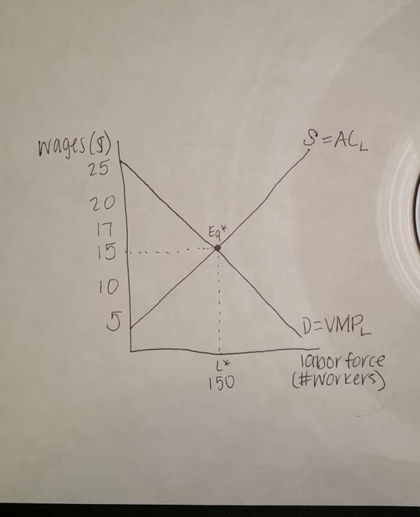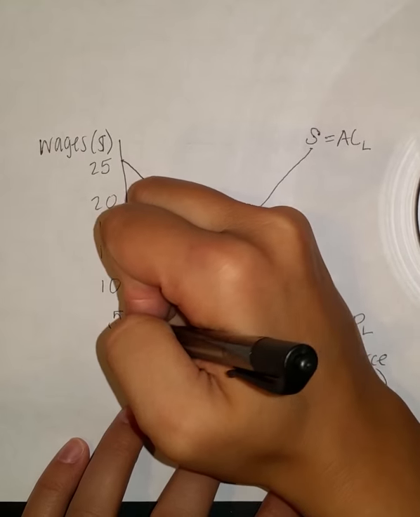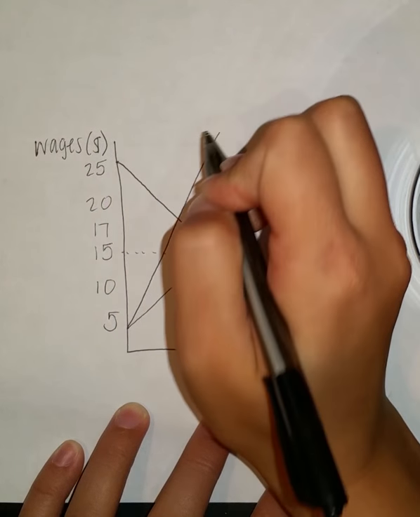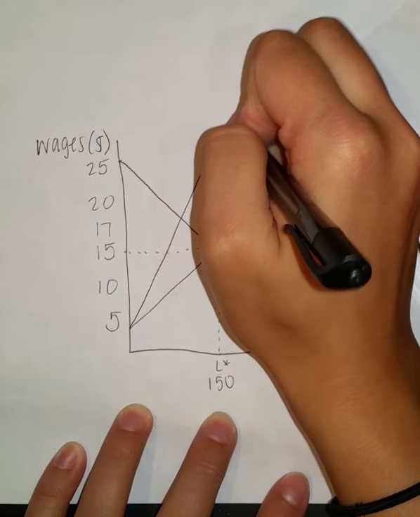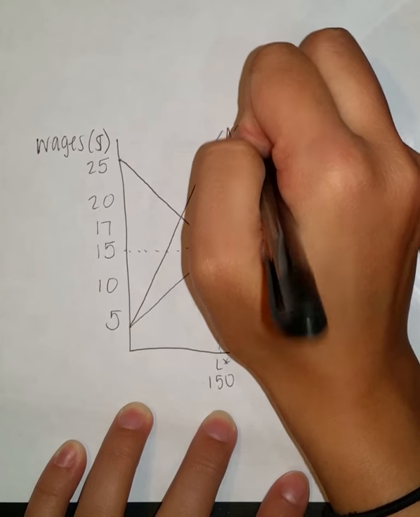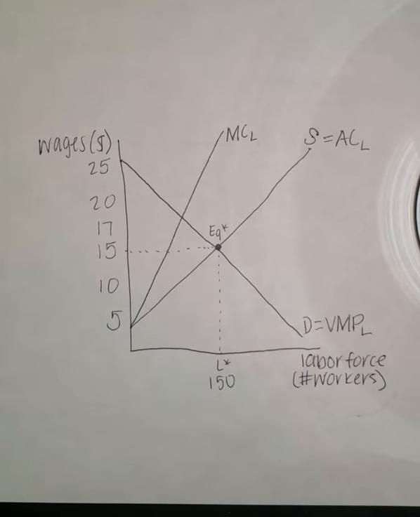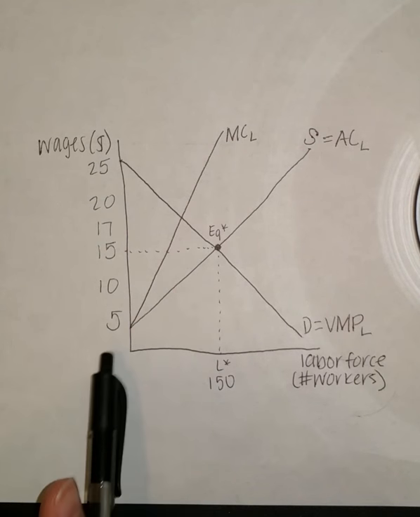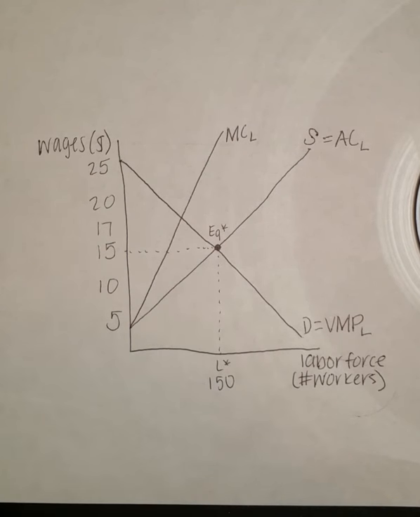We can now draw in the marginal cost of labor for the monopsony, which is going to look something like this. And we're going to label that MCL. This line is steeper because the marginal cost is greater than the wage.